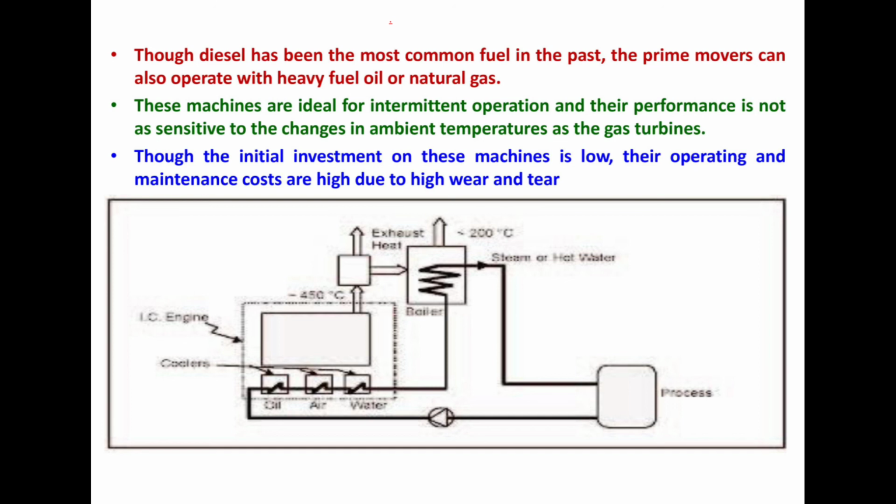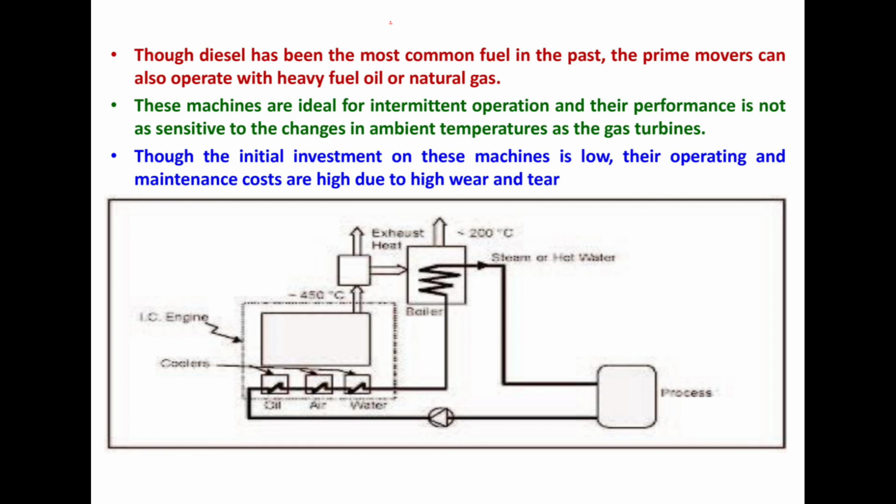Oil, air and water are supplied through the IC engine system, and then the boiler is also connected with the IC engine chamber, so the exhaust heat is supplied into the boiler, and the heat is used for generating steam by supplying boiler water. Finally, the flue gas exhausts at the exit of the boiler.